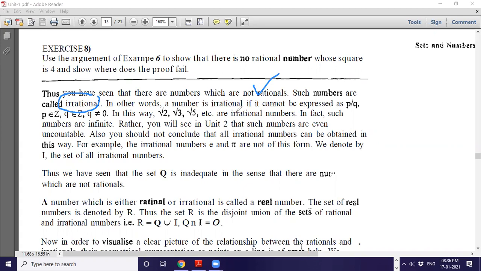In other words, root 2, root 3, root 5, what are they? They are irrational numbers. In fact, such numbers are infinite, right?